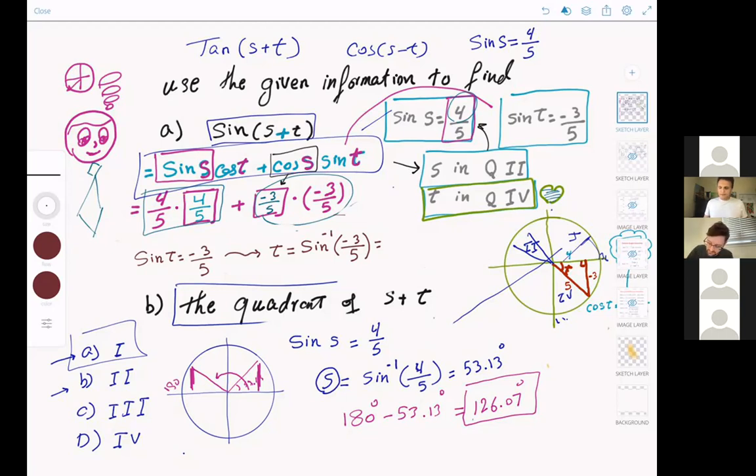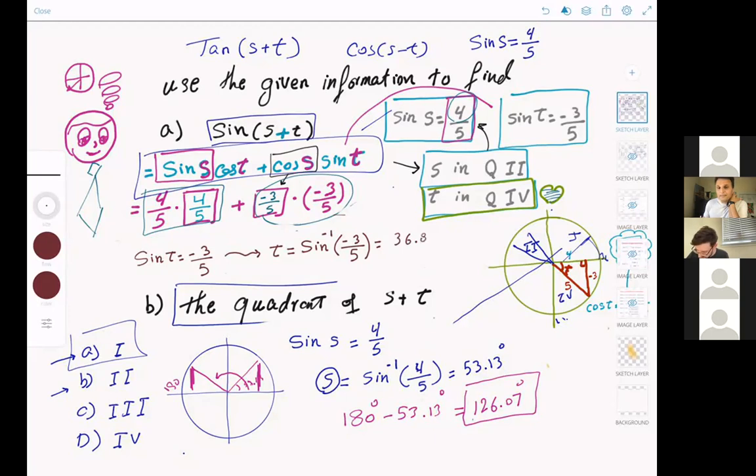Elizabeth, do you got this? Sine inverse of -3/5? Yeah, that's what I put in. Let's ask Elizabeth. 36.86.